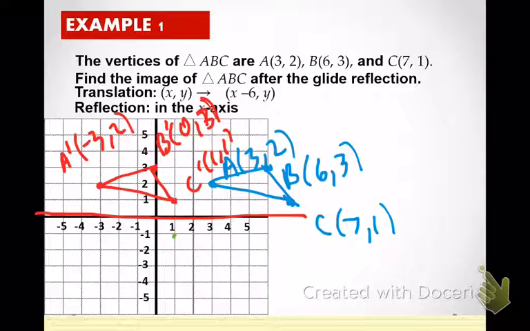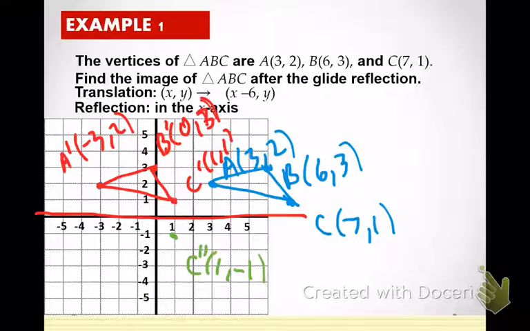What would it be? 1, negative 1. Right, you're changing the sign on the y values. You just count what's 1 up, you go 1 down. So C double prime is 1, negative 1.